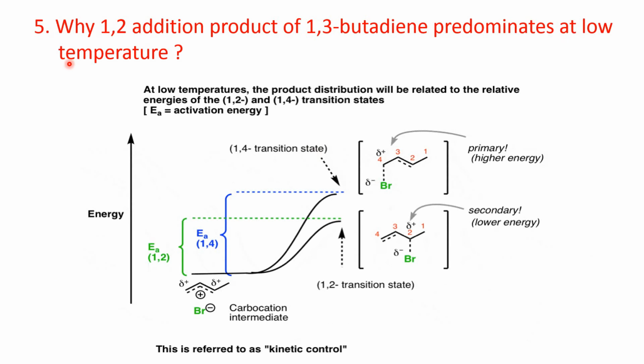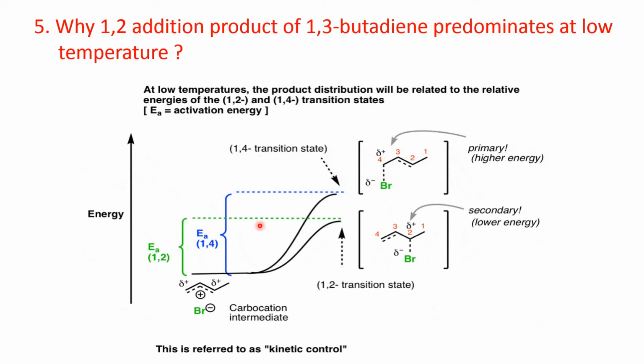The 5th question. Why does the 1,2 addition product of 1,3-butadiene predominate at low temperature? Now see, at low temperature, the product distribution will be related to the relative energies of the 1,2 and 1,4 transition states. What does it mean? See, I told you initially the rate determining step, or the first step, is the protonation.